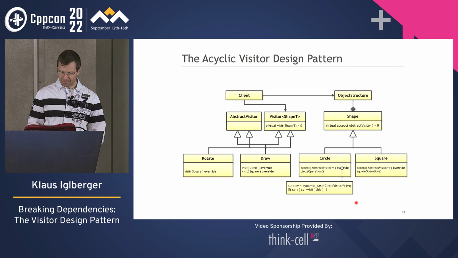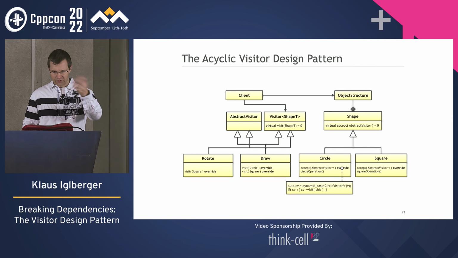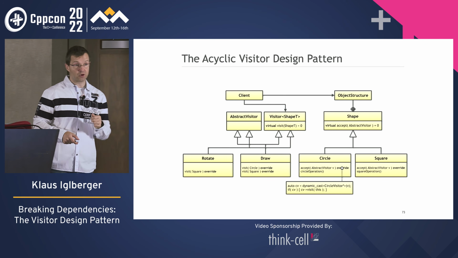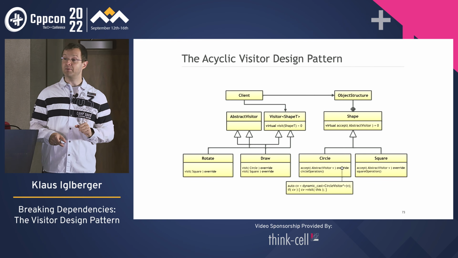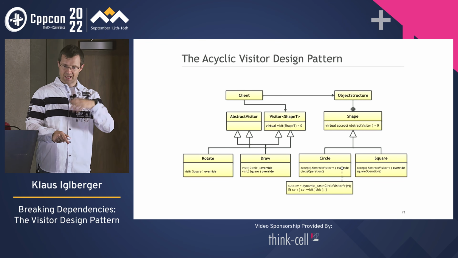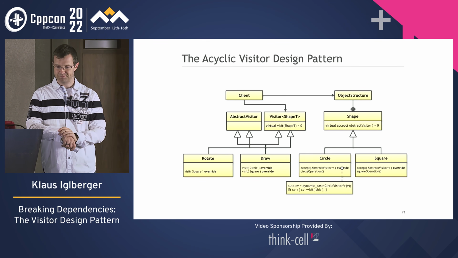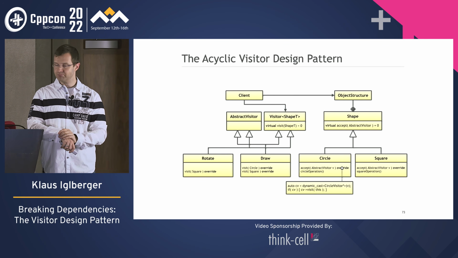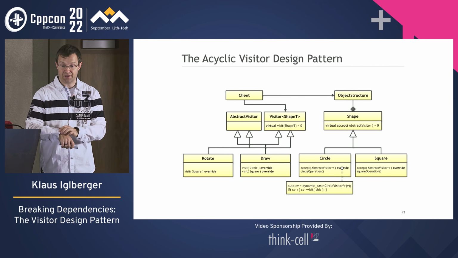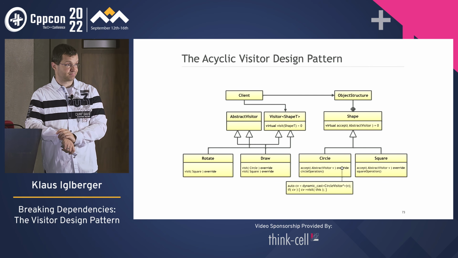So the circle visitor, it could be a base class, but it could not. So we try. Can I convert that? If I get a valid pointer back, then I am supported. This thing knows what a circle is, and I can simply call visit. But if the dynamic cast returns a null pointer, okay, this thing doesn't know what a circle is, I just cannot visit.